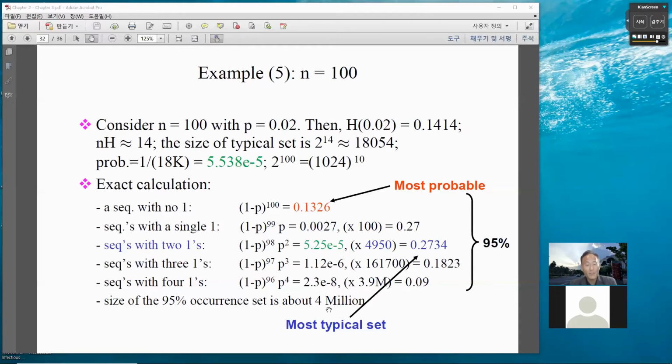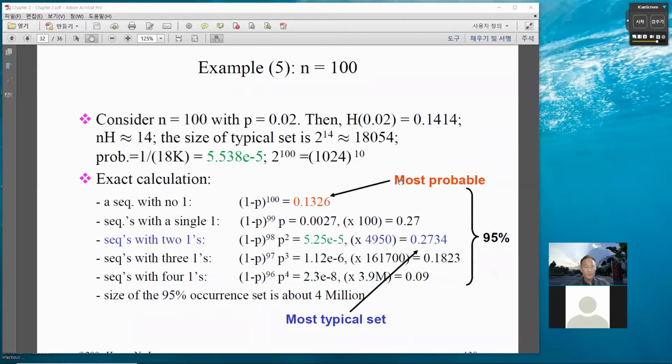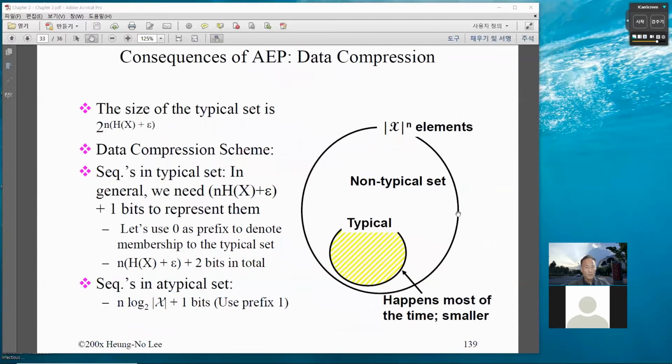Okay, so that's the result of the exact calculation, and you can compare that with the typical set size, which is 18,000 right here, and the probability based on the typical set argument is this. Okay, so you can compare these two calculations. All right, so that's that.